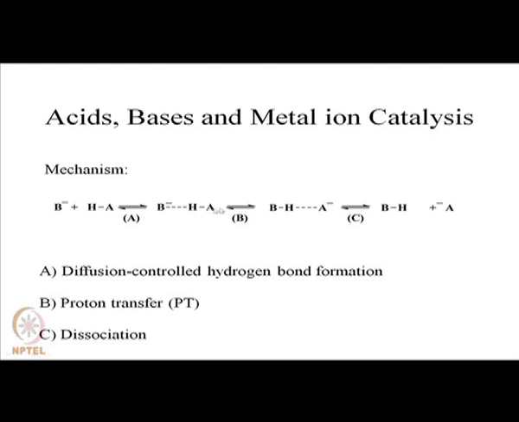So, it swims close to this B minus. So, there are 3 steps for this type of acid base catalysis: diffusion controlled hydrogen bond formation, proton transfer, that is PT, and dissociation.